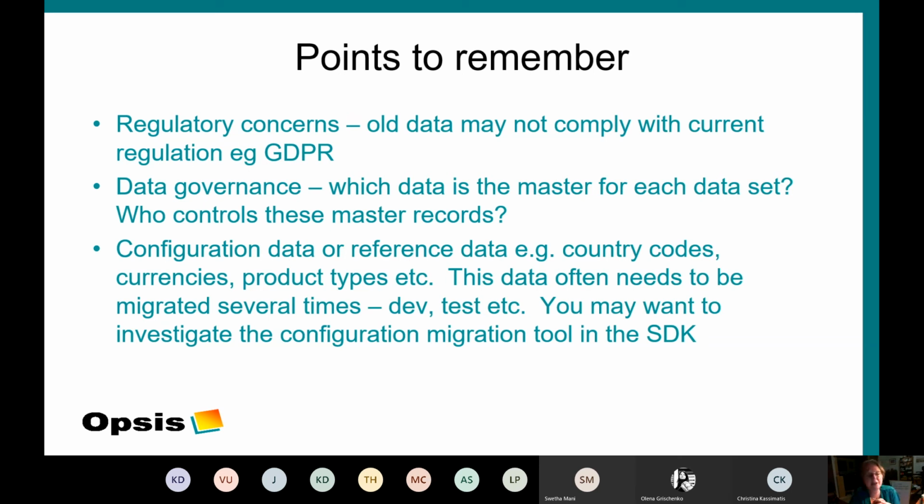Separately to regulatory concerns, we've also got data governance, and that is referring to, for any given set of data, what is the master, and then who controls that master data set.